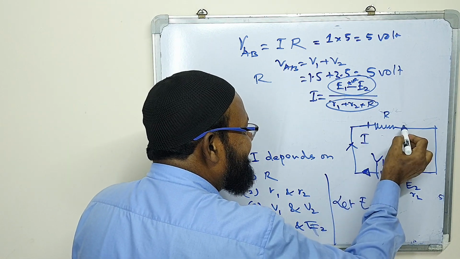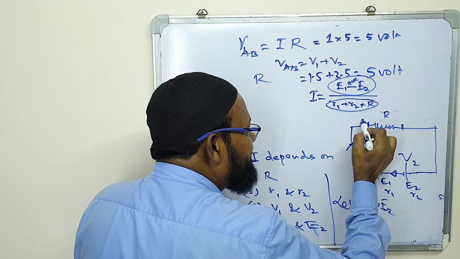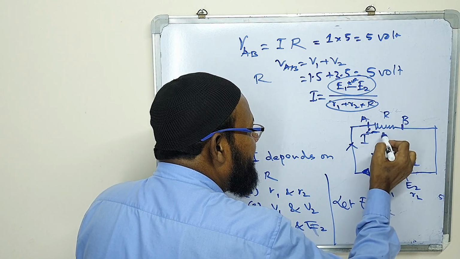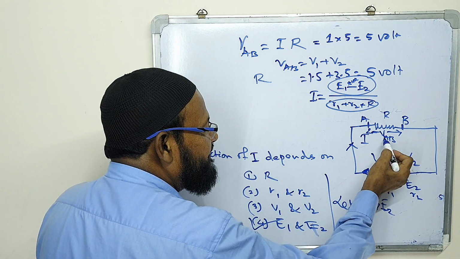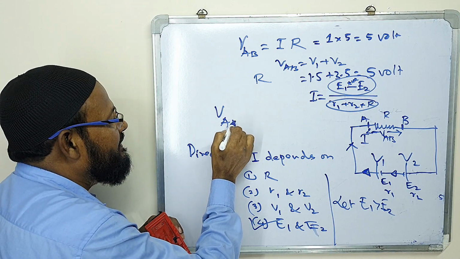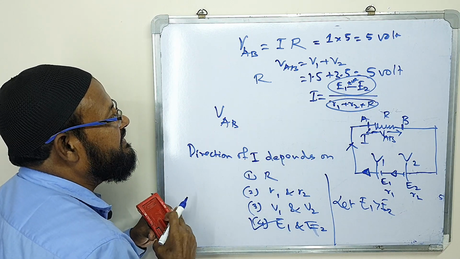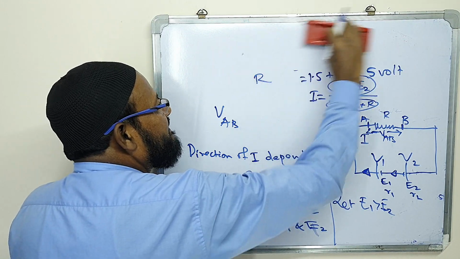Now, here is the question. In this case, sir, suppose this is A, this is B. What is this? Sir, this is VAB. What is the formula of this? I am writing, please see here, this VAB. In this case, I am deleting this part. I am deleting, there will be confusion.